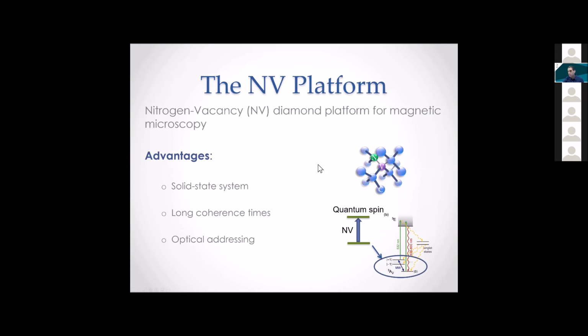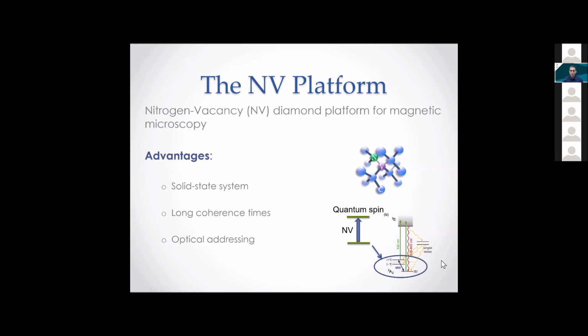This defect has gained traction over the past several years as a useful system for various types of research. But in our context, it is a nice platform for magnetic microscopy, in the sense that, first of all, it's a solid state system, essentially used with NVs incorporated near the top surface.